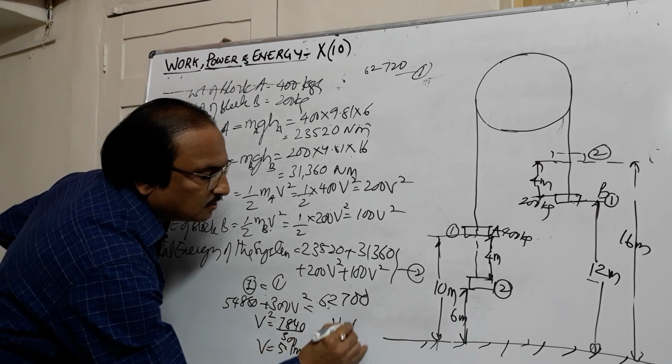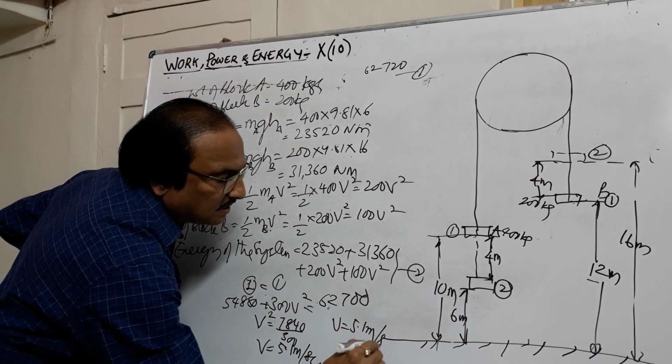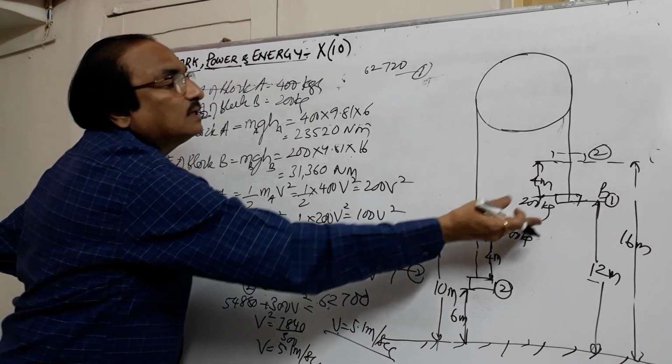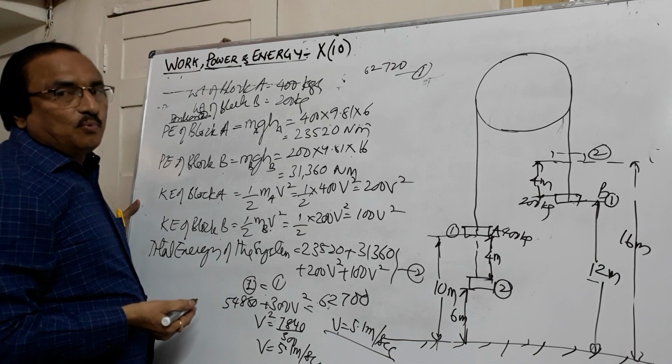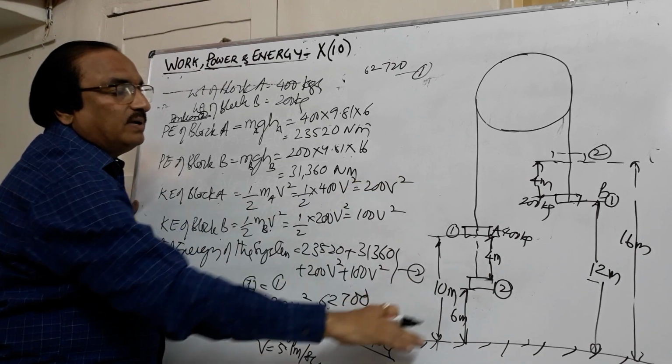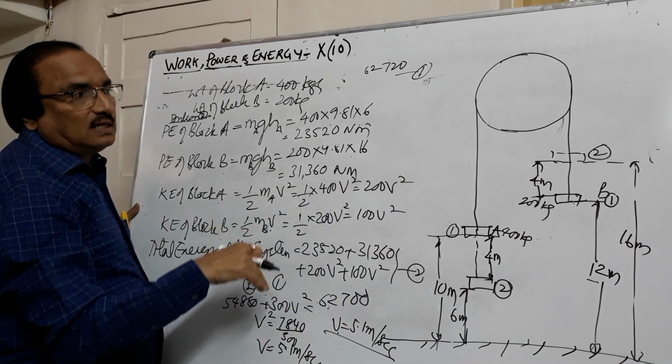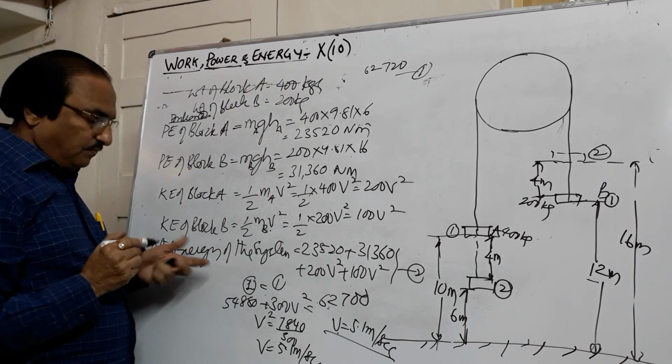This is the velocity with which B will be moving in the upward direction. The same will be the velocity of A in the other direction, because the pulley is frictionless.